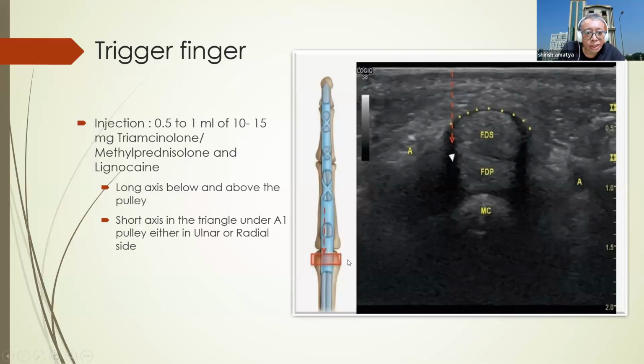The red dotted line indicates the trajectory of the needle, and the final needle position will be inside the triangle in the lateral aspect of the flexor digitorum superficialis and profundus. We can inject on either side of this triangle, either the ulnar side or the radial side, for the treatment of trigger finger.